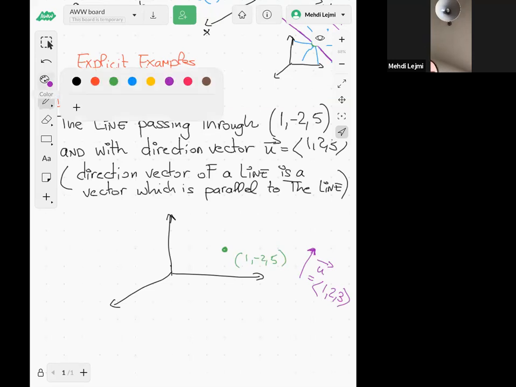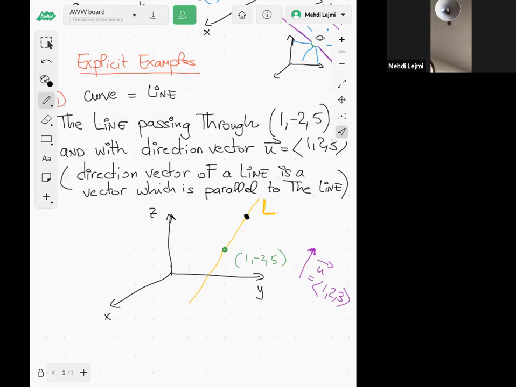So here's my line. My line passes through the point 1, -2, 5 and is parallel to the vector u. So it should be this line here. Let's call this line the line L, and I want to find the equation of this line L. So the idea is you take a random point in L. Your point has some coordinates x, y, z.